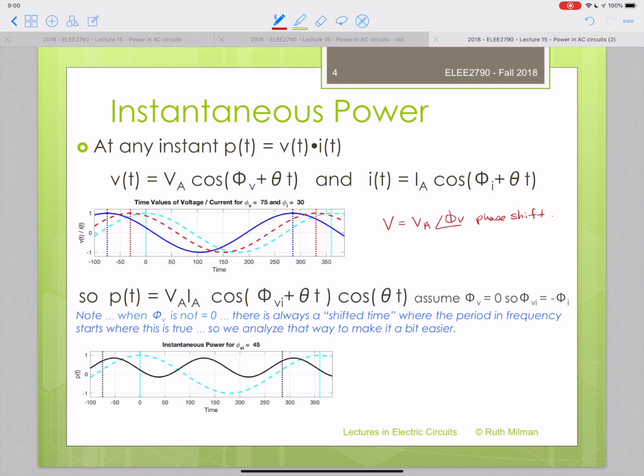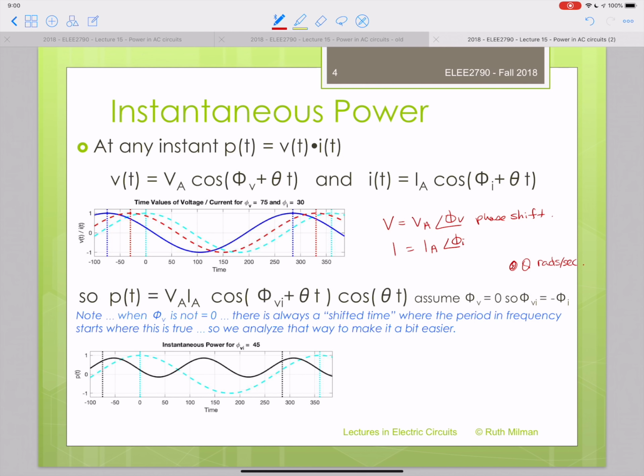And we know that that happens at theta rads per second. And if that's the case, we also know that the current can be defined as a phasor, similarly with its own phase shift, and it also operates at the same frequency.